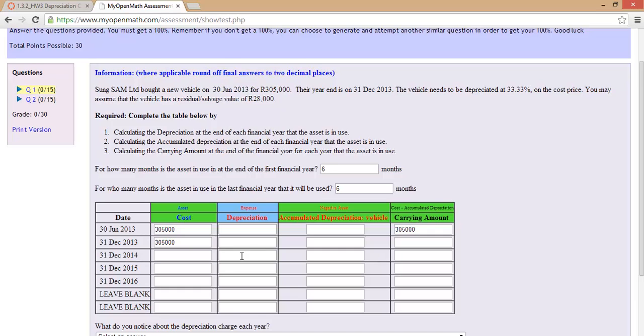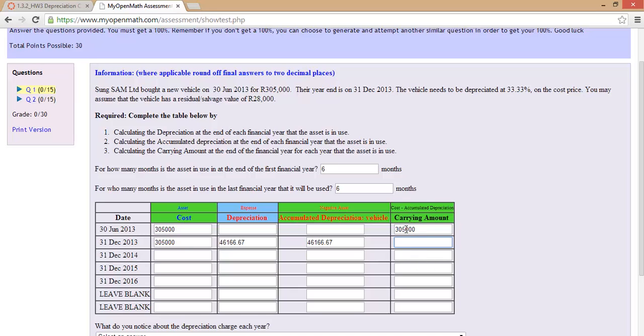Right, so my depreciation in the first year is 46,166.67. Then the accumulated depreciation is simply going to be the sum of all of the depreciation in the current year as well as the previous years. So there was no depreciation before, so the accumulated depreciation here is going to be exactly the same, 46,166.67.